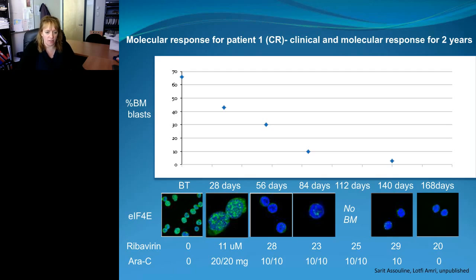And in the bottom, we can clearly see 4E confocal micrographs. And where you see the drops really starting to happen, we start to see really nice relocalization of 4E. Unfortunately, I don't have it to show you here, but at relapse at 24 months, this patient had re-entry of 4E, very much the way I showed you for the previous patient with the blast response.